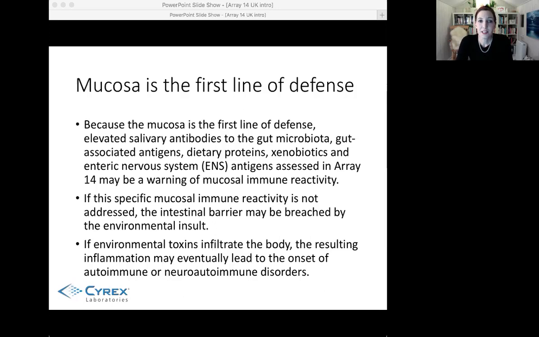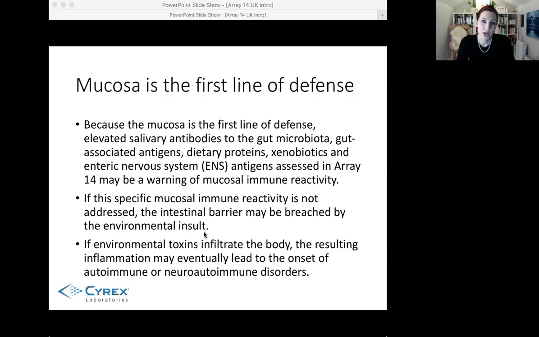So if this specific mucosal immune activity isn't identified and addressed, then we end up with the intestinal barrier, which can actually be damaged as a result of the continuation of the immune activation that first occurs in the saliva.